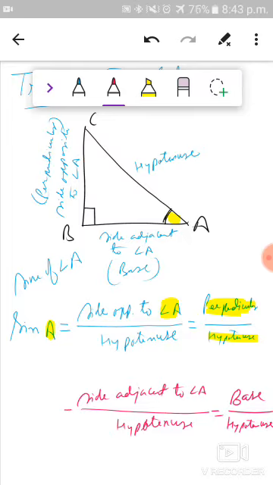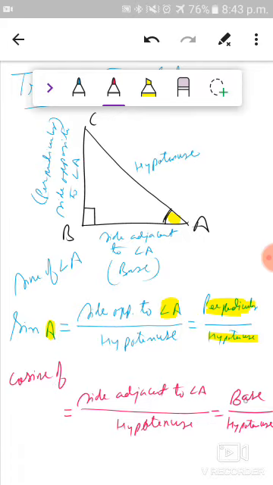The ratio of base and hypotenuse is called cosine. Cosine of which angle?